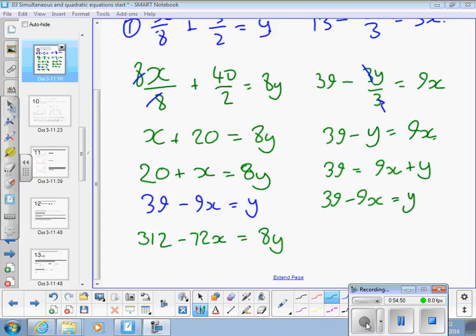No, that's if we've multiplied this one by 8. Yeah, we can now take this one and subtract from it.